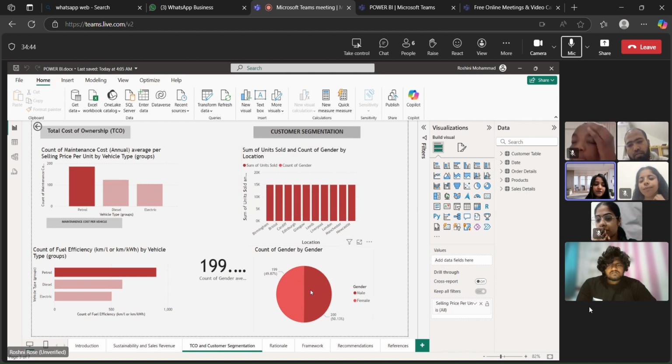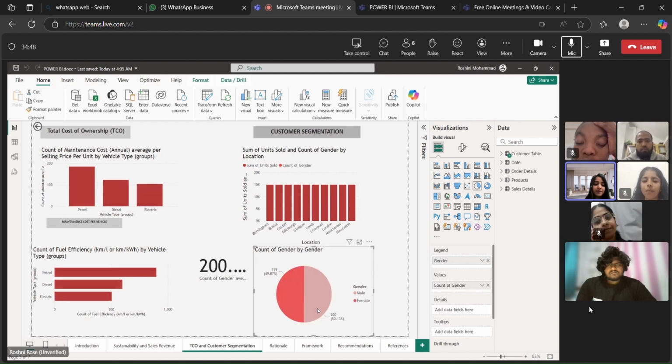If we come to the gender distribution, we have an almost equal number of male and female, about 50% each. This balance is great because it allows us to design marketing campaigns that appeal to both genders equally.